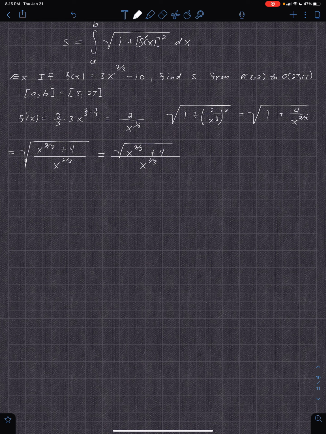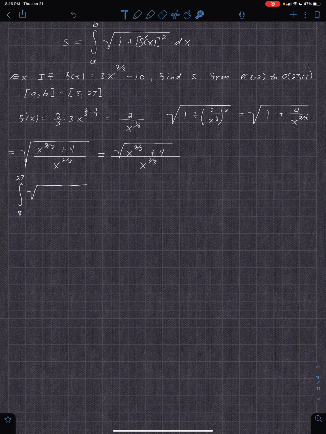Now that's something we can try to integrate. What are our limits of integration? It's right there, 8 to 27. So x goes from 8 to 27 of all of the integrand.